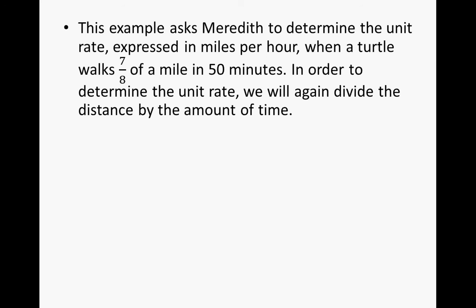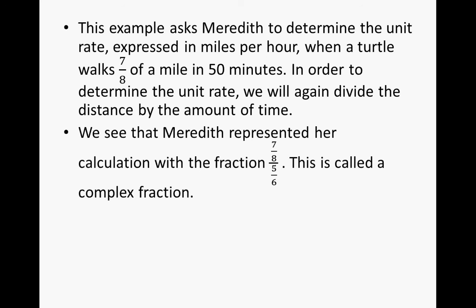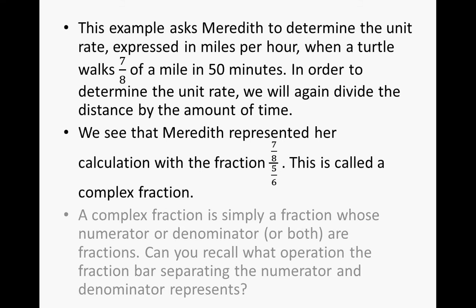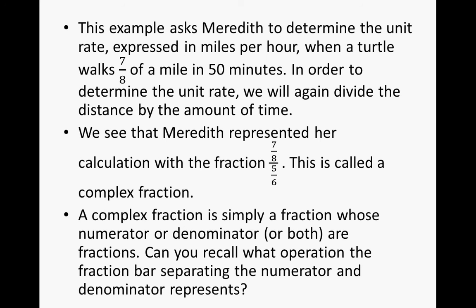In order to determine the unit rate, we will again divide the distance by the amount of time. We see that Meredith represented her calculation with the fraction 7/8 over 5/6. This is called a complex fraction. A complex fraction is simply a fraction whose numerator or denominator, or both, are fractions.